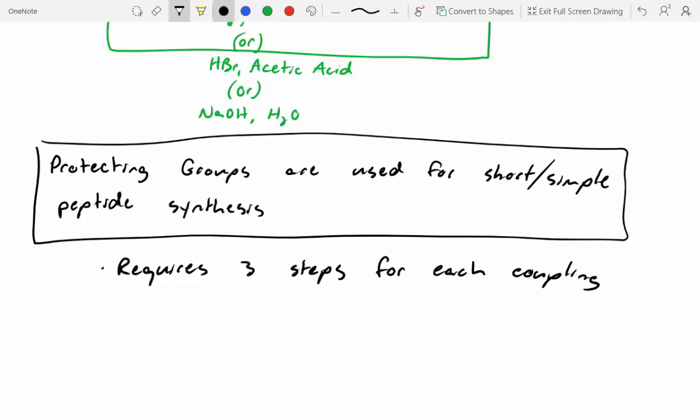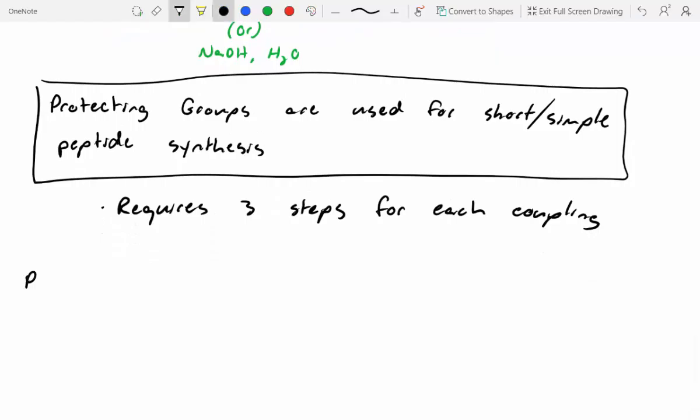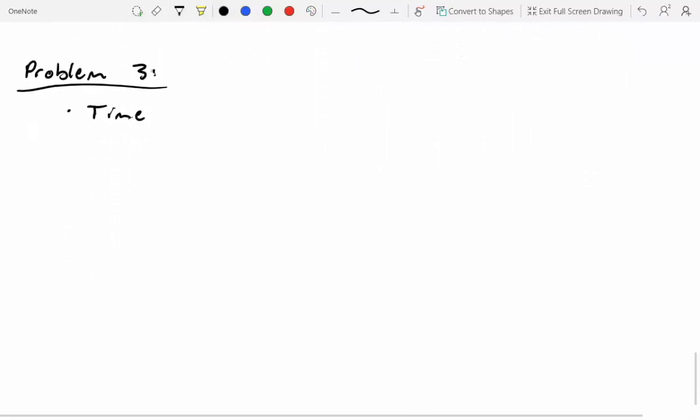It's kind of a pain, which brings me to problem 3. If it requires 3 steps for each coupling, this takes forever. So time is a problem. You don't want to spend 30 years making a peptide. Second thing is cost.